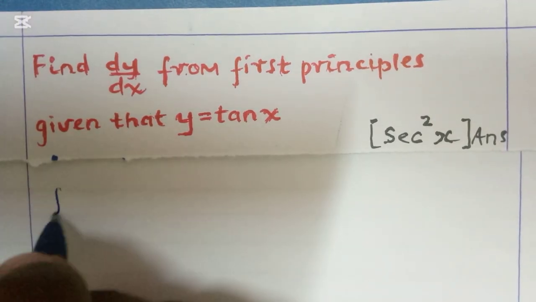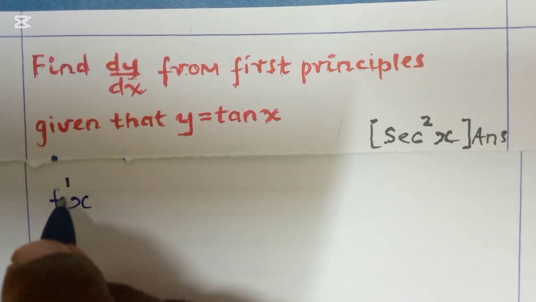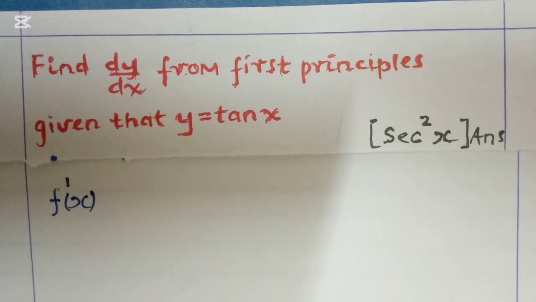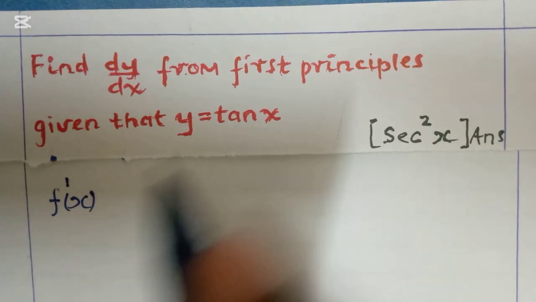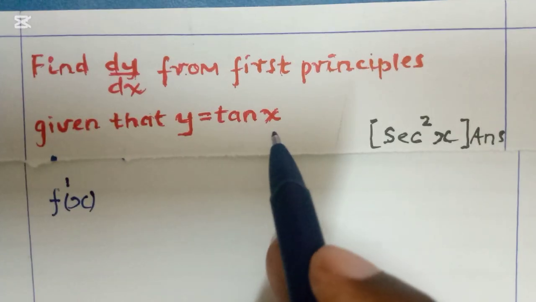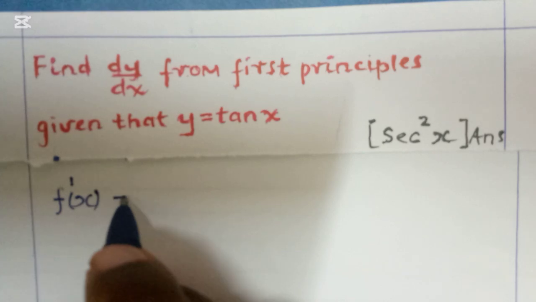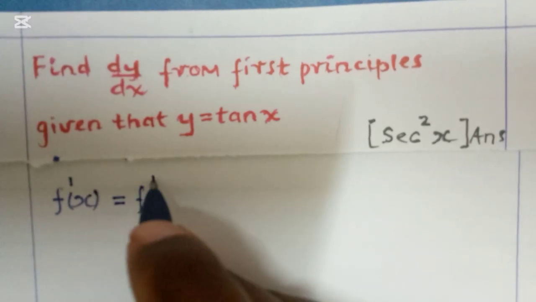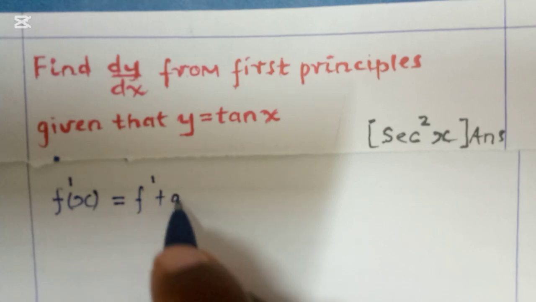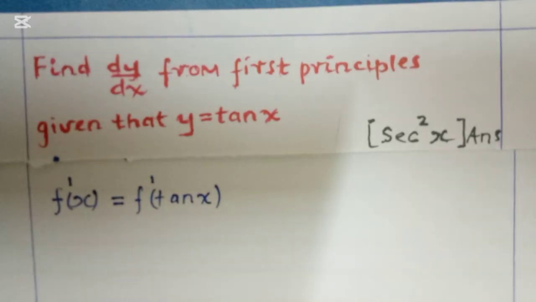We'll have f prime x. That means the derivative of x, which in our case is the derivative of tan x. So I can even write here the derivative of tan x like that.